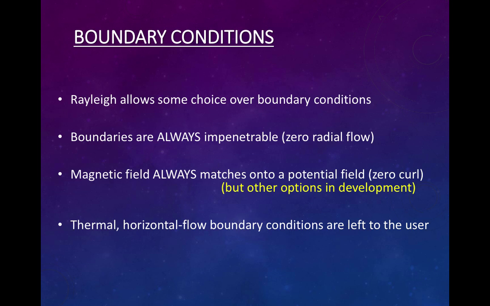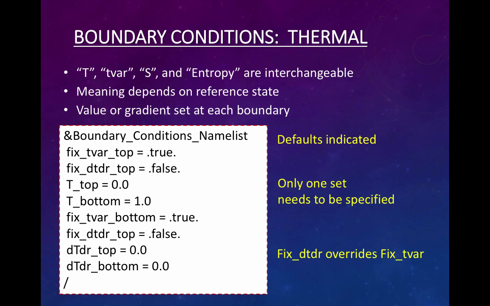So what you get to decide about are the thermal and the horizontal flow boundary conditions. So first of all, for the thermal boundary conditions, okay, these are basically the flags that you can set. Okay, and these are the default values that are set. You can modify those as you wish.